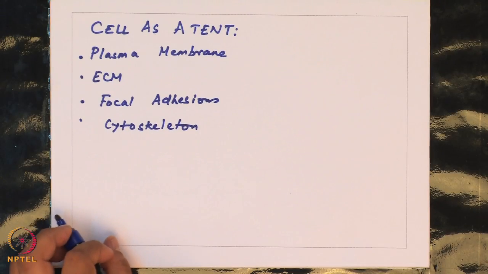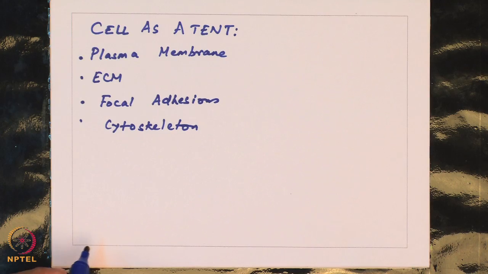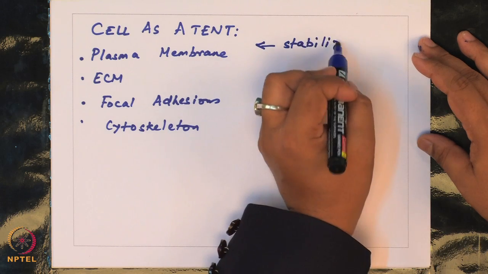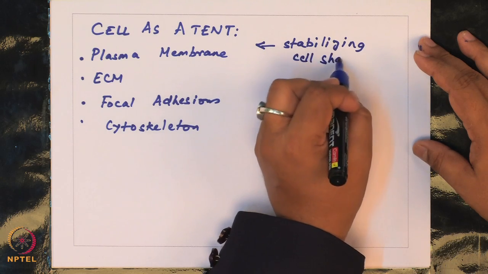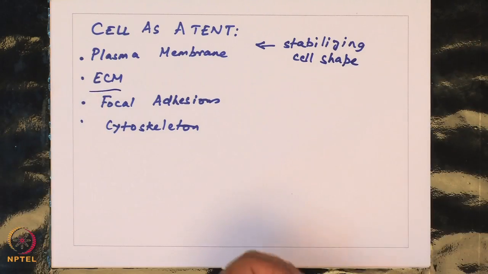Okay. So, plasma membrane, ECM, focal adhesions, and cytoskeleton. These are the 4 things which are required for stabilizing cell shape. So, of these we discussed ECM, and now we are going to start discussing focal adhesions.